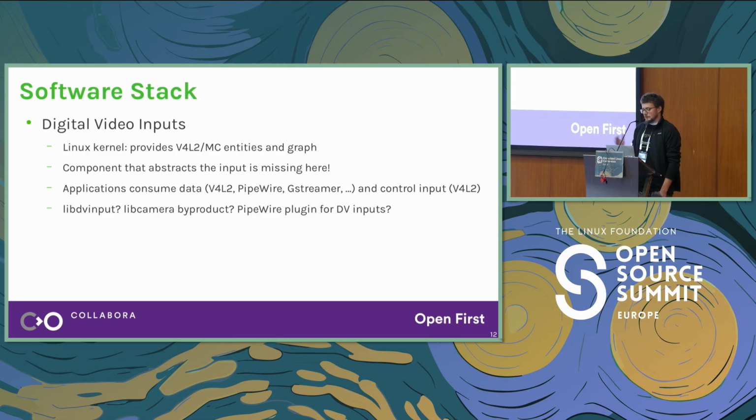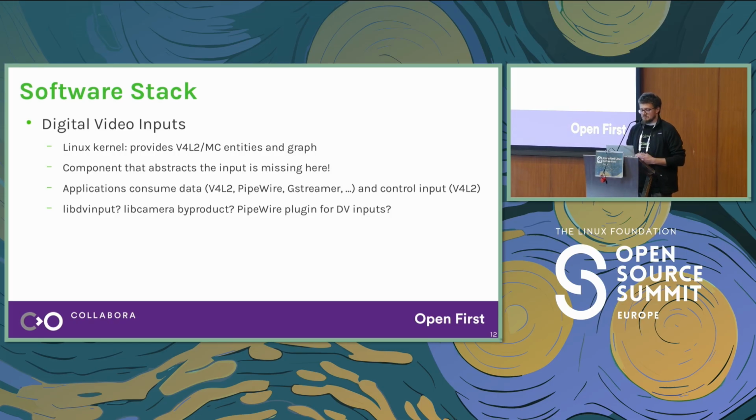And I think we need something here. So right now you would need applications that consume the data directly via Video for Linux, or maybe by Pipewire or GStreamer. And also you control the input directly using Video for Linux. But again, you have to assemble everything together.